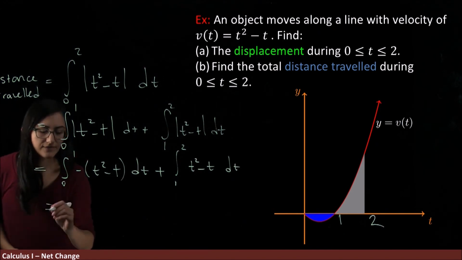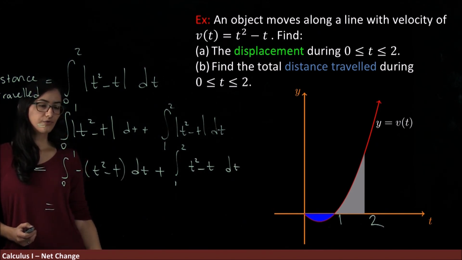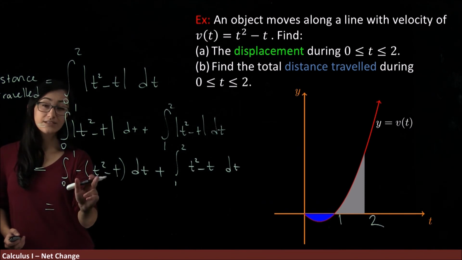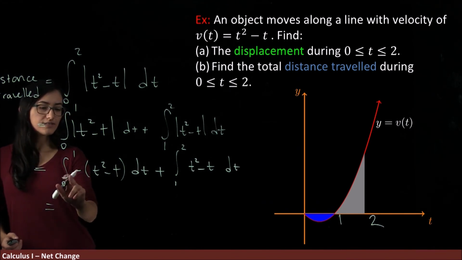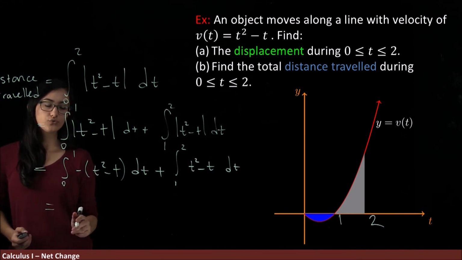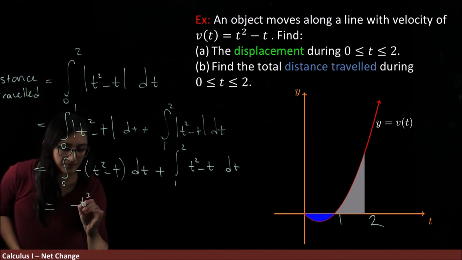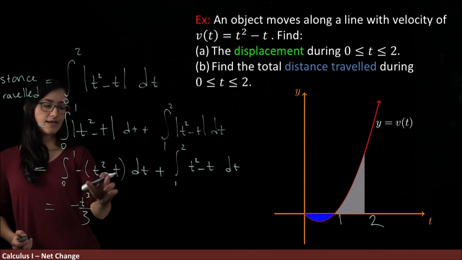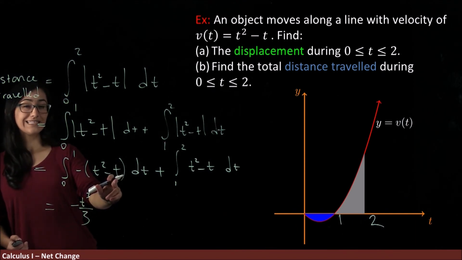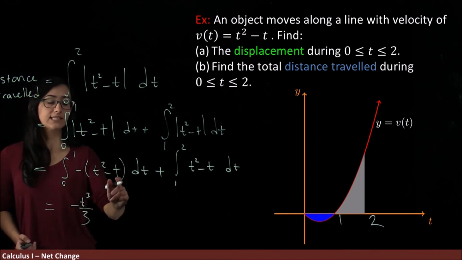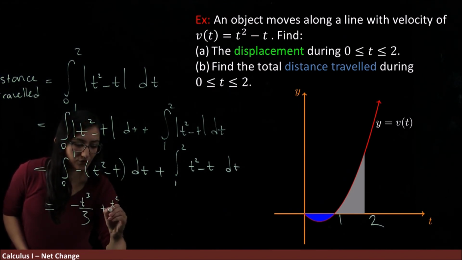Okay, so if we calculate again by the fundamental theorem of calculus, I'm just going to distribute this negative. Integral of negative t squared is going to equal negative t cubed over 3. And then I'm going to have positive t here. Integral of positive t is going to be t squared over 2.